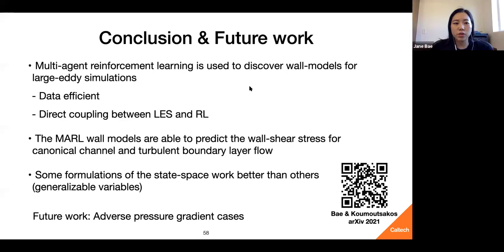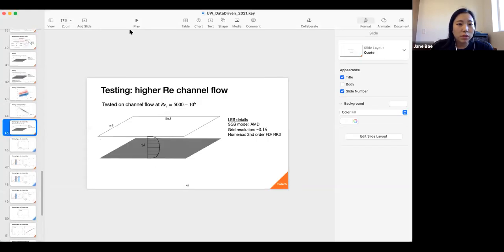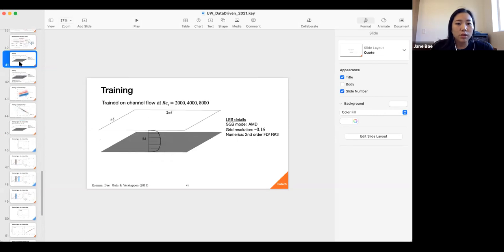Yeah, that's a great question. One easy way to obtain it would be, if you have a DNS already, you could obtain it from there. But the cool thing about the channel flow case, which is the case that I've trained on, is that the wall shear stress is directly related to the pressure gradient that you impose to drive the channel.